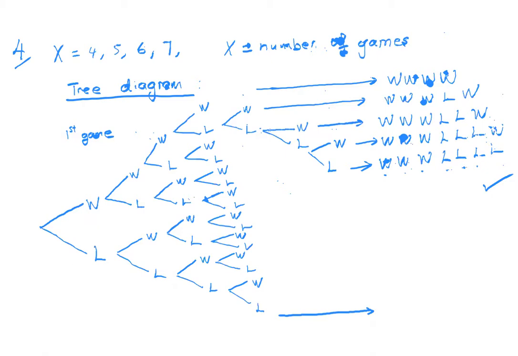Okay, for question 4, I'm going to show you another way of doing other than use tree diagram. If I want to talk about probability, possible outcome, so what should I do and how should I do? So this will lead into your binomial distribution later on.